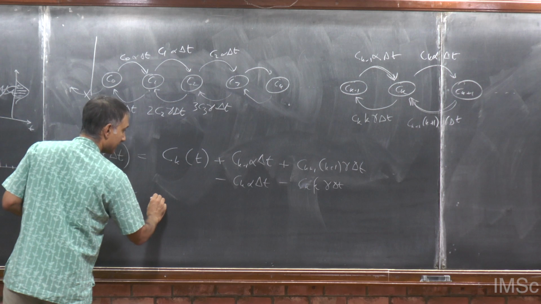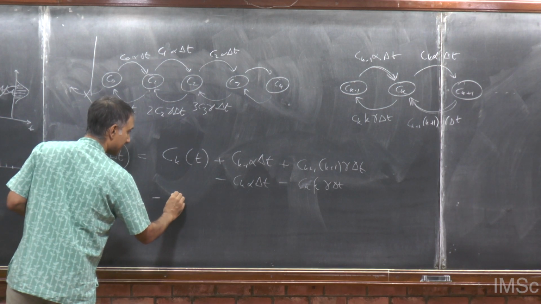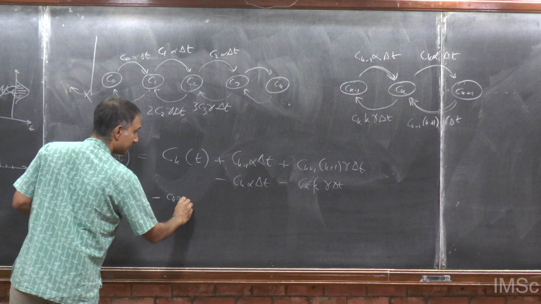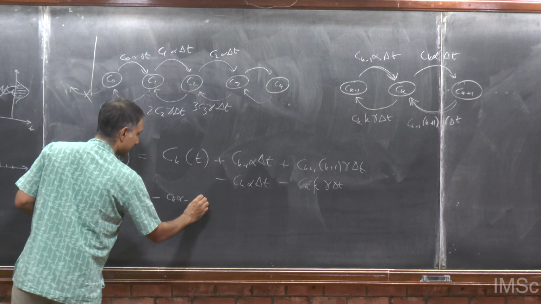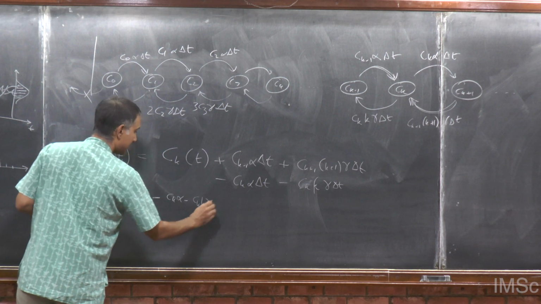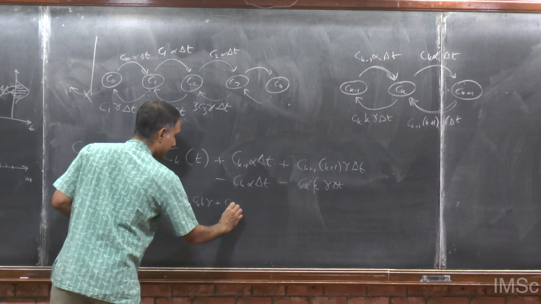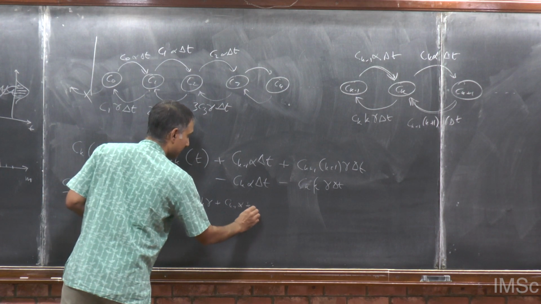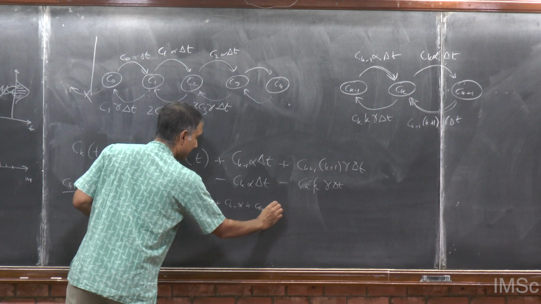So it will be minus Ck alpha minus Ck K gamma plus Ck minus 1 alpha plus Ck plus 1 K plus 1 gamma.